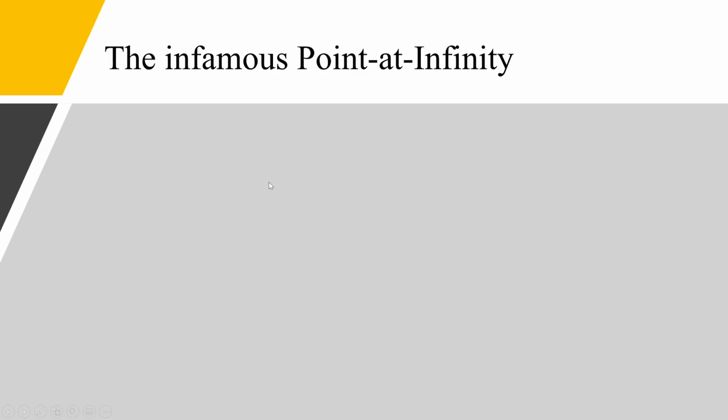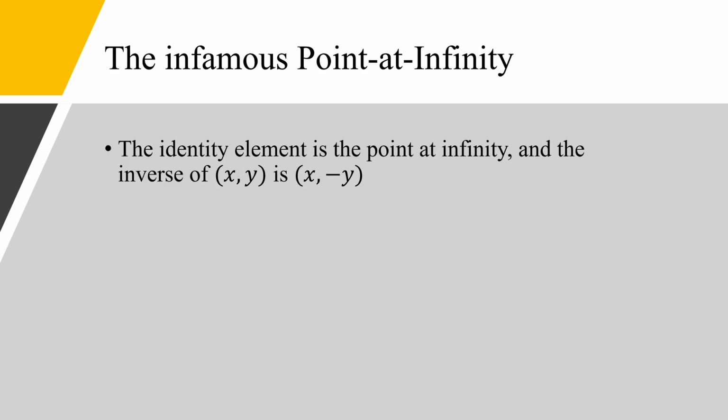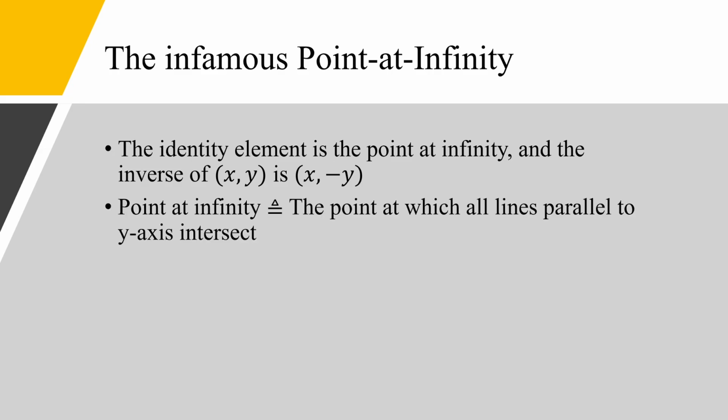First, let's look at the inverse element and the identity element, because they're very closely related. We say that the identity element is a point at infinity, and the inverse of x comma y is x comma minus y, which is just a reflection of x comma y across the x-axis. Now the point at infinity doesn't actually exist. It's something like a mathematical construct. It's defined as the point at which all lines parallel to the y-axis intersect, and this is very similar to the concept in ray optics.